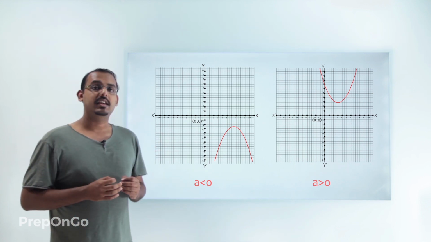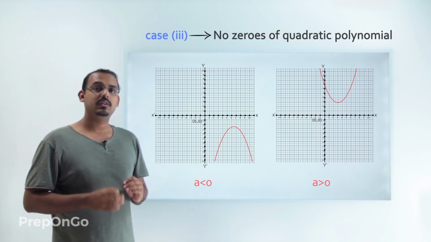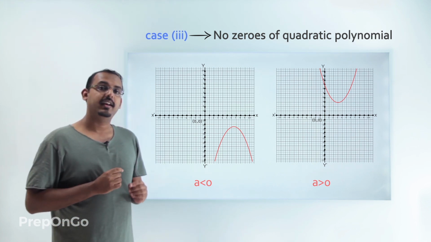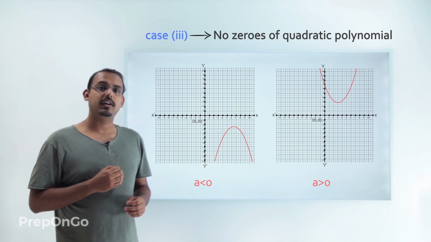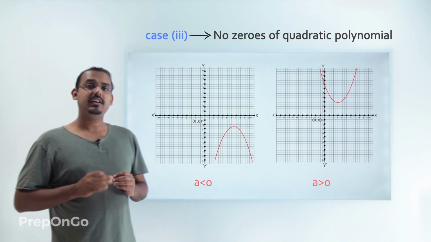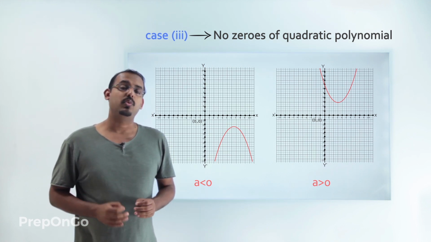So we can say that there is no zero of the given quadratic polynomial, because there is no point at which the graph intersects the x-axis. These are three different cases which we see with quadratic polynomials, which we'll discuss a little more in later chapters.